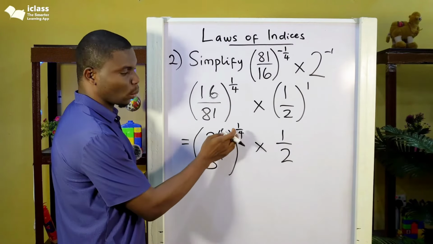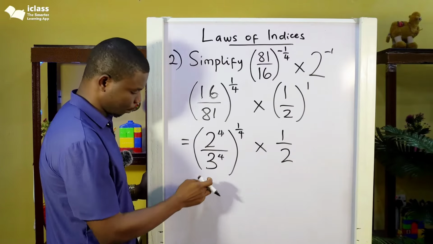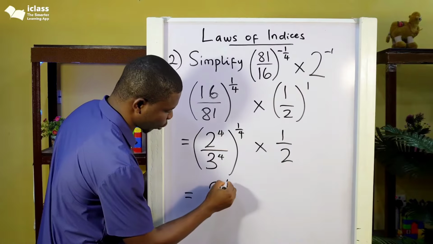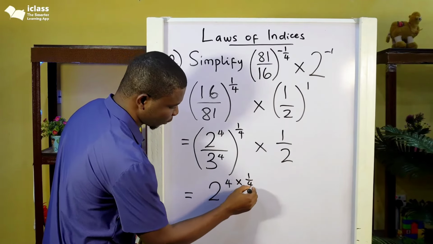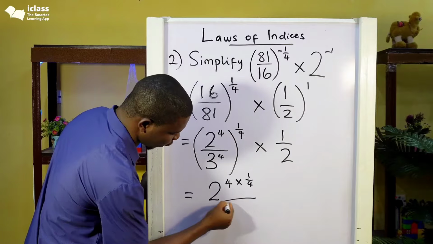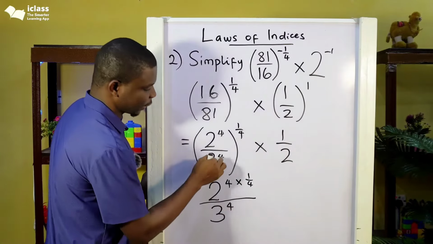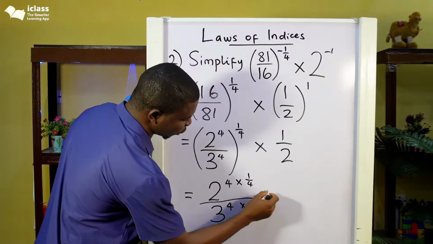Now, this power 1 over 4 is both for the numerator and the denominator. So I can write this as 2 to the power 4 times this power, right, over 3 to the power 4 times this power as well, because it's both for the numerator and the denominator.